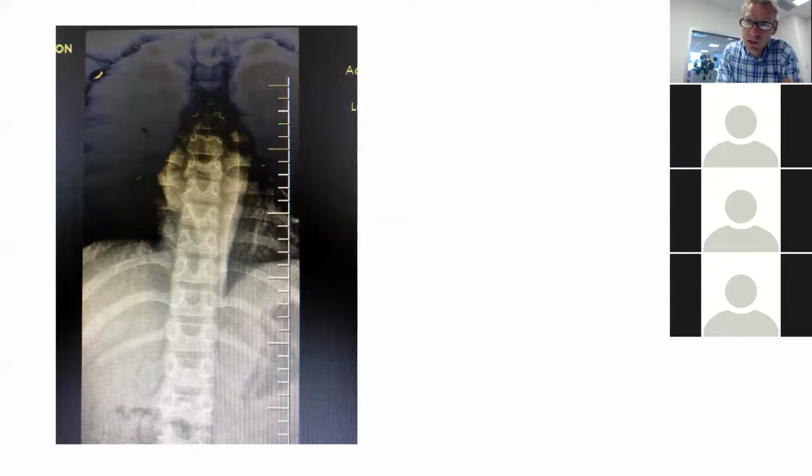This is a chest X-ray of a 12-year-old boy who presented with 2 days of difficulty walking. What can you see? It's a paravertebral shadow in the thoracic spine.